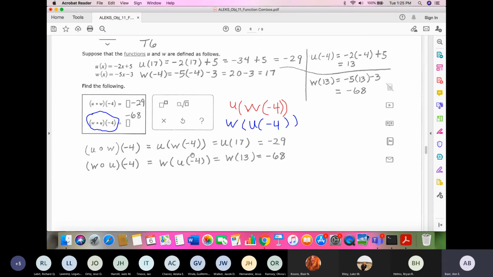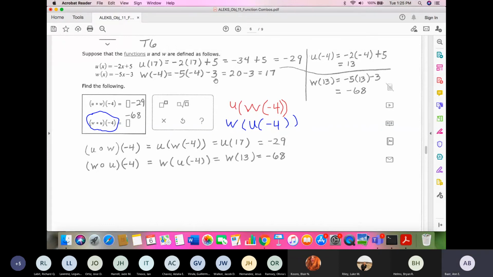So I take out U of -4, replace it with 13, still have this W left, still have this parenthesis left. Now we're looking for W of 13. Find the y value of the W function when x is 13. So we go to the W row this time. Over here, W of 13.